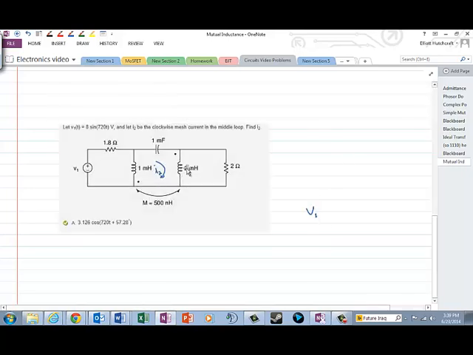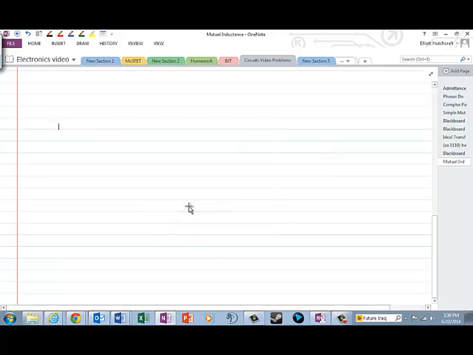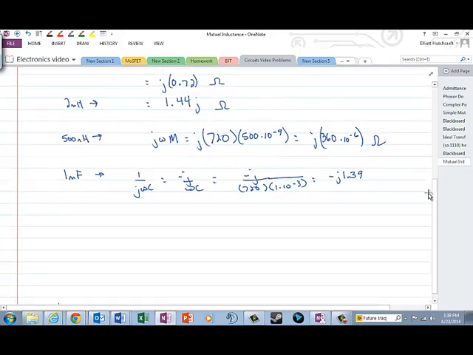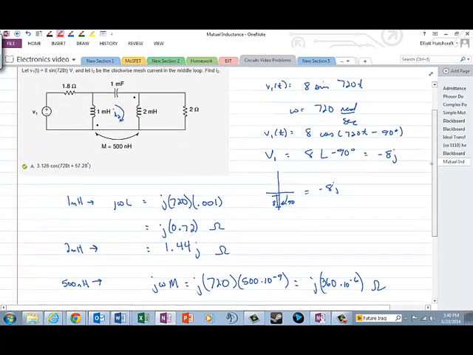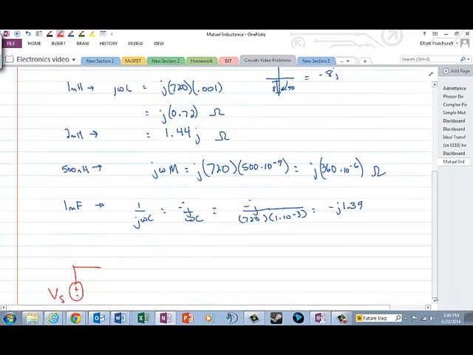Actually, maybe I shouldn't have done it this way. Maybe I should just draw it. We'll have our voltage source, Vs. We have a 1.8 ohm resistor.